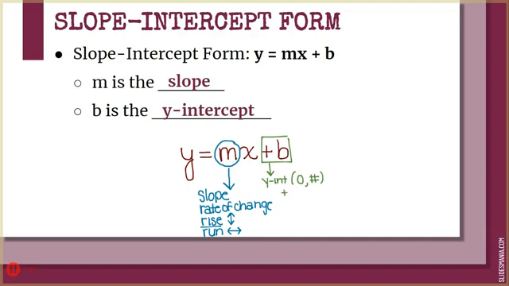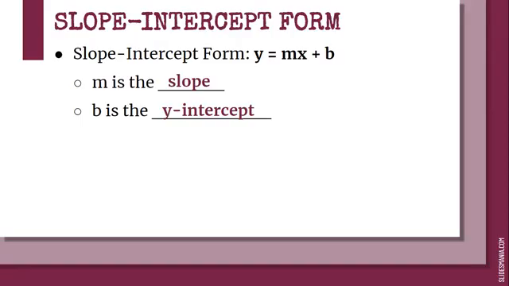It will say plus b if your y-intercept is positive, and it will say minus b if your y-intercept is negative. So that won't always say plus b. It might say minus b. So you need two pieces, the slope and the y-intercept.